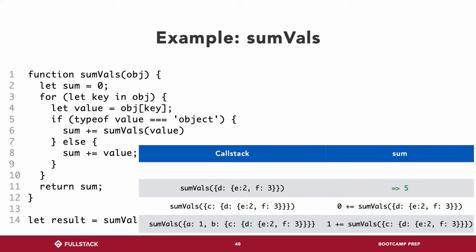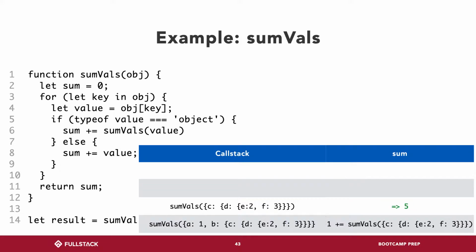So this is going to be equal to 5. So that function can get off the call stack, and this function can continue to run. When that function continues running, this will be equal to 5 now, and we'll add it to the sum. Then the for in loop breaks because there's only one key in this outer object. So once it's done doing everything it needs to, it breaks out of the for in loop and returns 5.